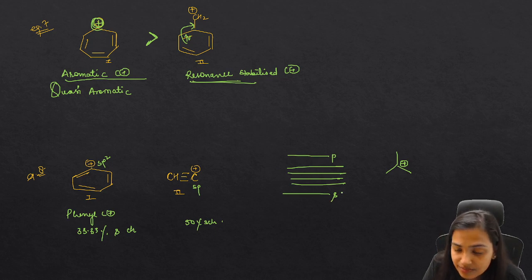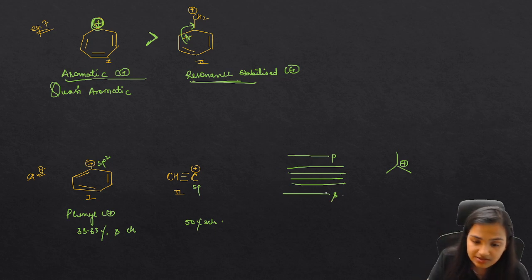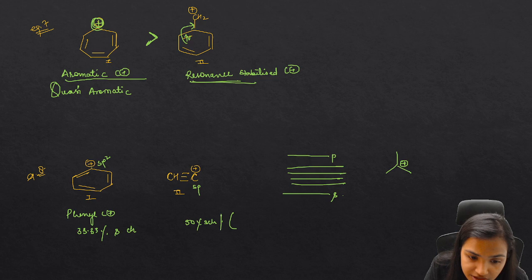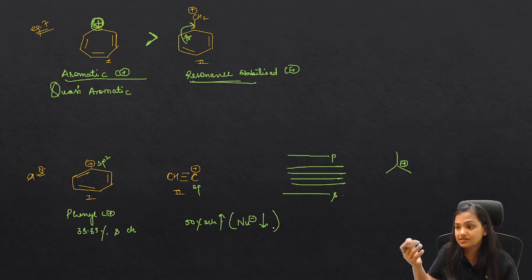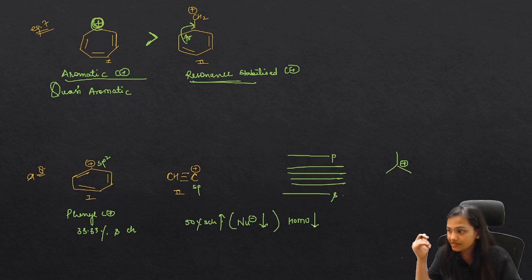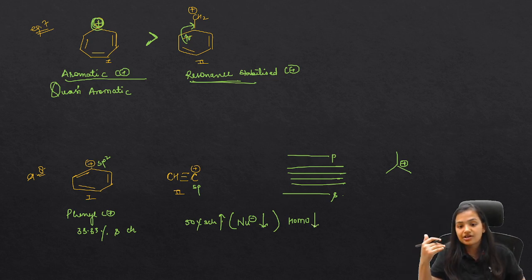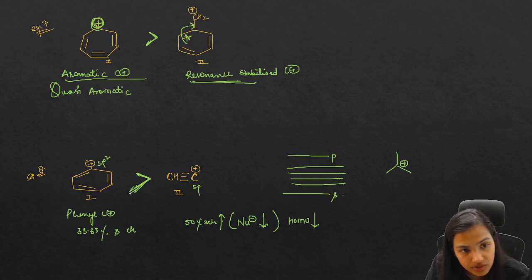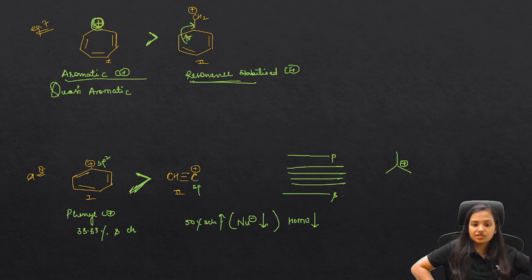So if the percentage of s character increases, the nucleophilicity decreases. The energy of the highest occupied molecular orbital, HOMO, decreases. So if it decreases, the nucleophilicity decreases. This will not be able to stabilize the carbocation better, so the stability decreases. Ultimately, we can say that the phenyl carbocation is more stable than this carbocation, because of the percentage of s character.